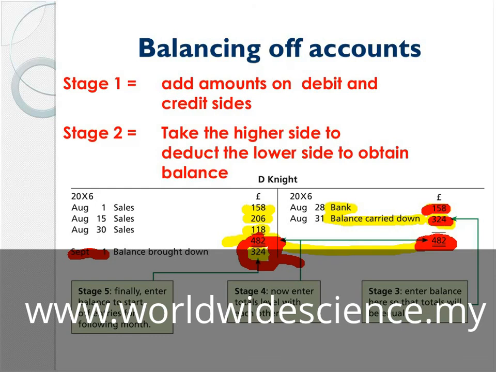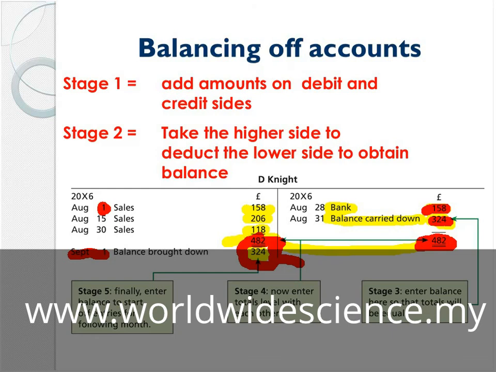We have sales on August 1st of 158. Then on August 15 sales of 206, and then August 30 sales of 118, right? The total will be 482, right?